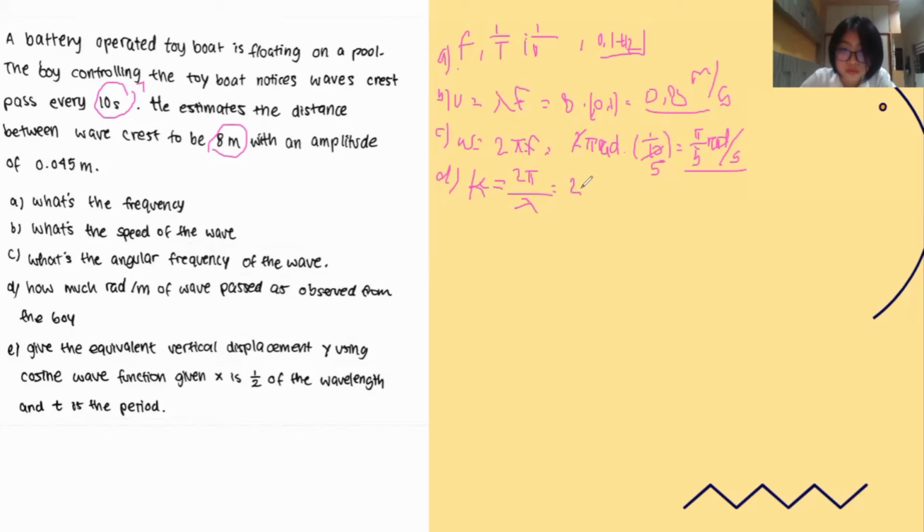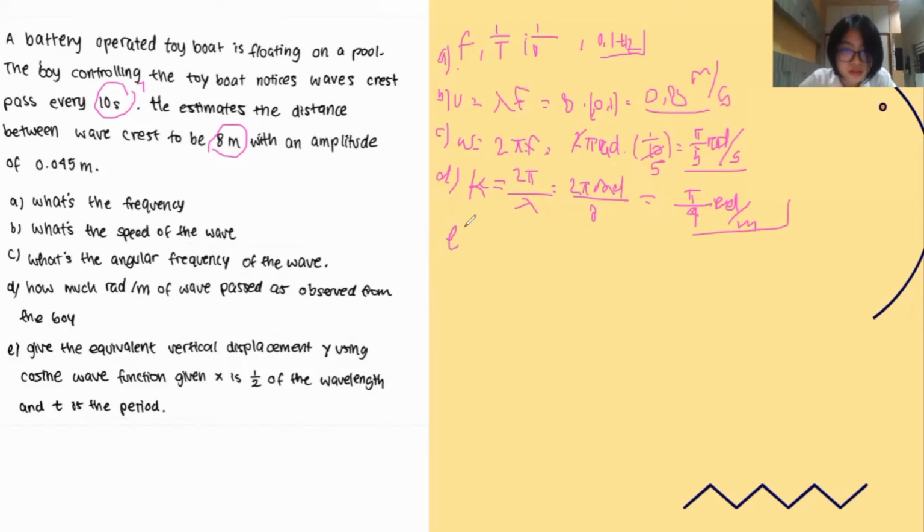It's going to be 2 pi rad per wavelength, which is 8. So it will be pi per 4 rad per meter. This is rad per meter, yeah.